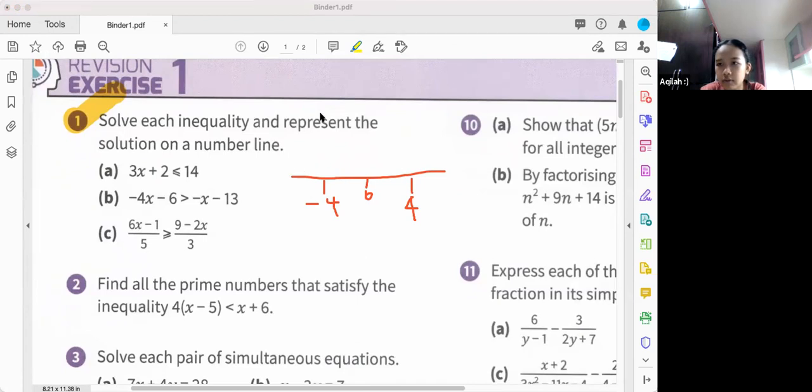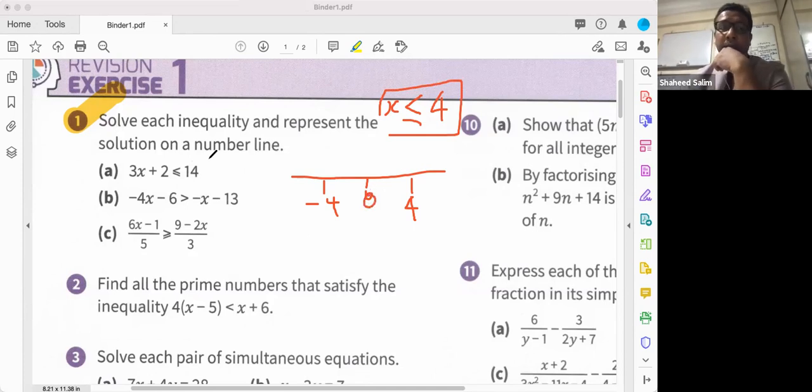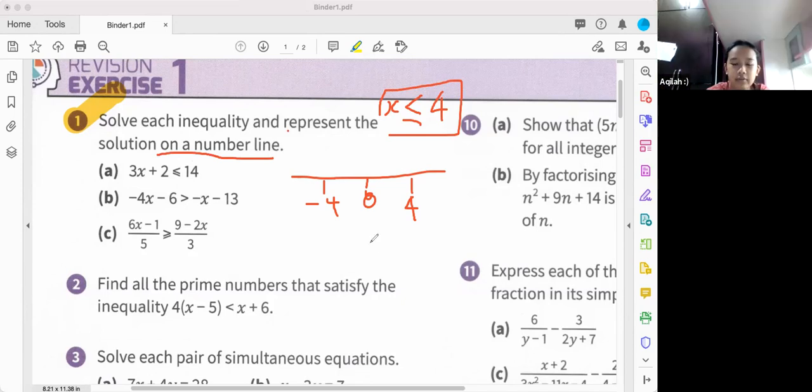I can't move the thing. Okay, you tell me what to do. I will. Your answer was like this, right? Yeah. Okay, so now I want to represent it on the number line as they instructed. So what do I do? You tell me, I'll be your robot. Make a line at 4.